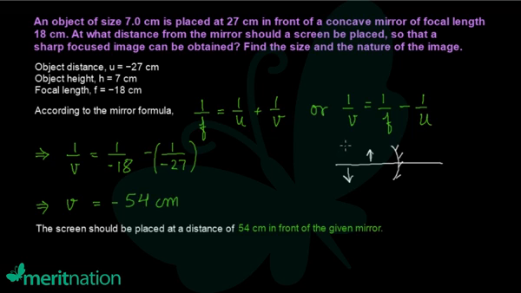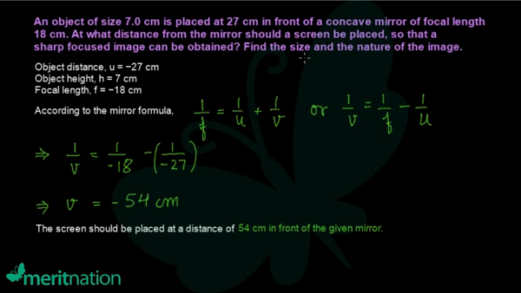It could be upwards, it could be downwards, we don't know right now, but we know that it is in front of the mirror. So the screen should be placed somewhere over here. This much we know.